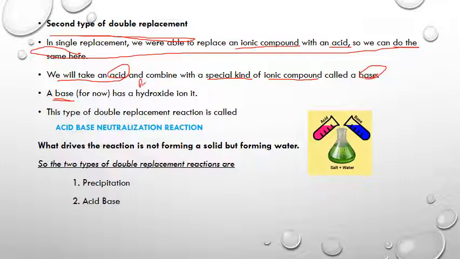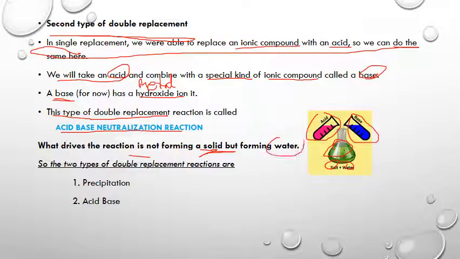So it'll be a metal hydroxide, like sodium hydroxide or whatever, okay? This type of double replacement reaction is called an acid-base neutralization reaction. So you're going to take an acid and a base, and then you're going to neutralize it. And it's going to form salt and water, which we'll talk about in a minute. So what drives this type of reaction is not forming a solid, but we form water.